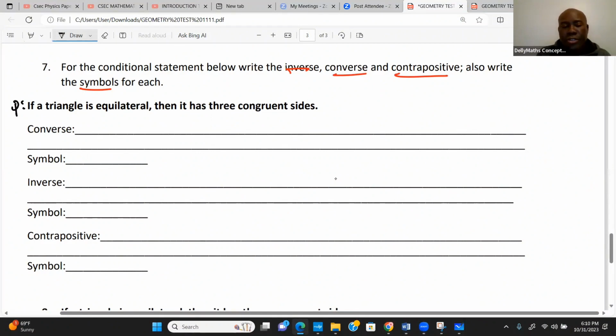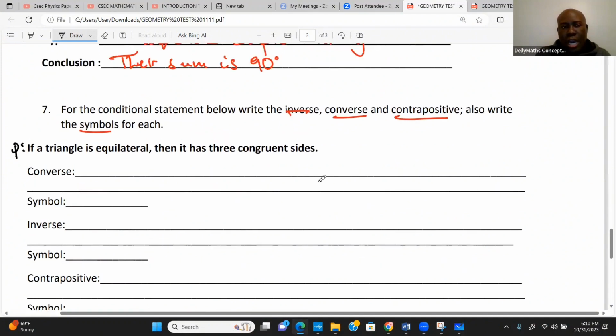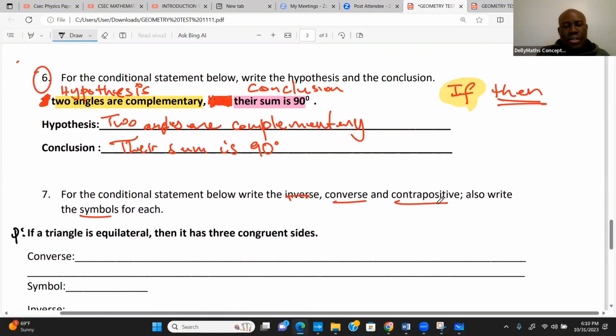The converse is when the hypothesis and the conclusion switch. Let's take a look at what the symbol was for the statement that we did here. This original conditional statement, the symbol is if P, then Q. So that's the original conditional.